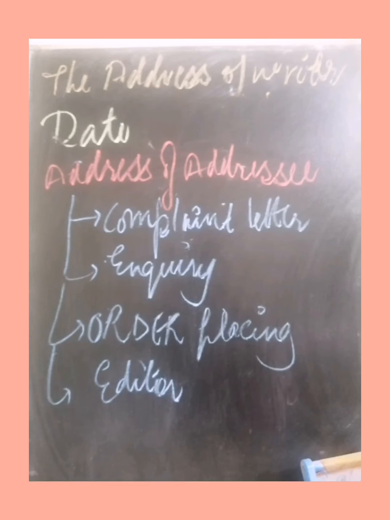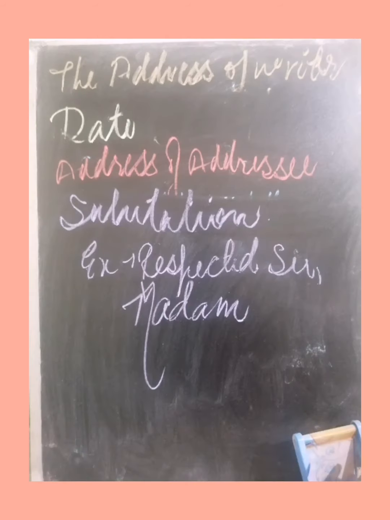So these are different. We will see afterwards how to write the address of addressee of each type of letter. Now after one line you have to write the salutation. So salutation can be, for example, respected sir or madam, or just sir or madam.